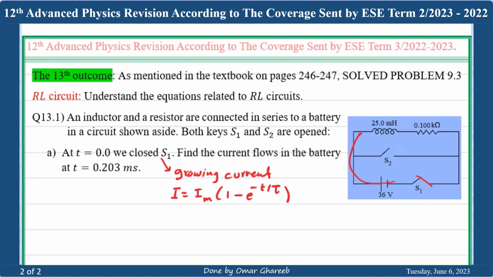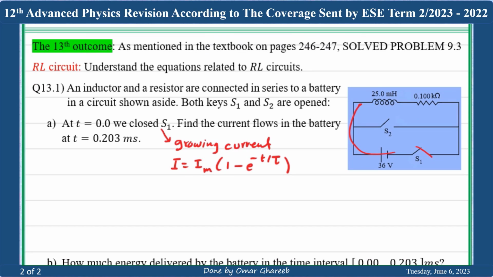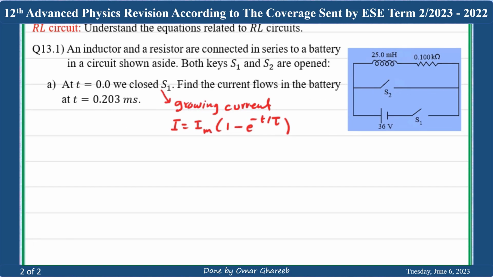What things do we have for this equation? First of all, we can find the I maximum. At steady state, I equals I maximum, which is VEMF over R, 36 over 0.1 times 10 to the 3.